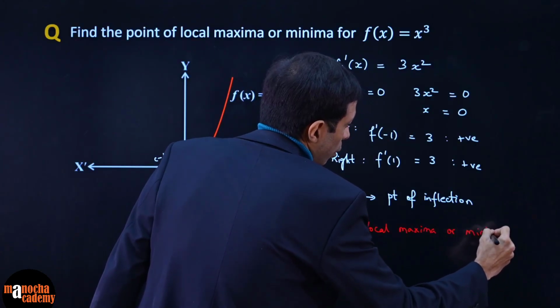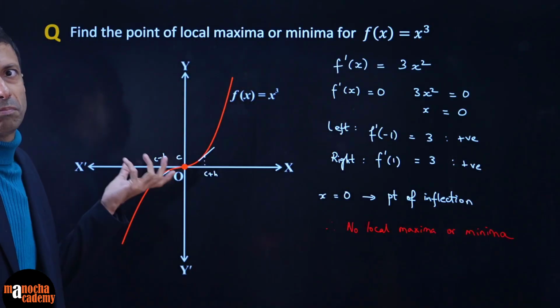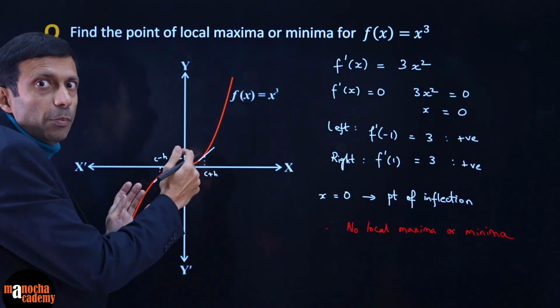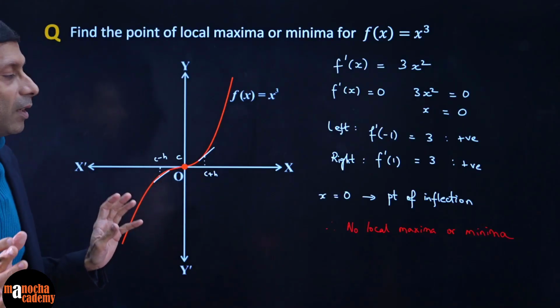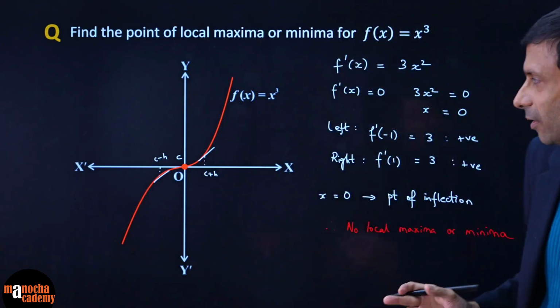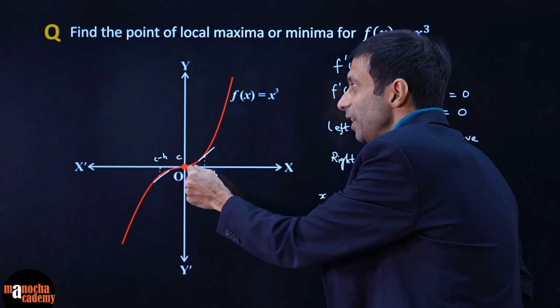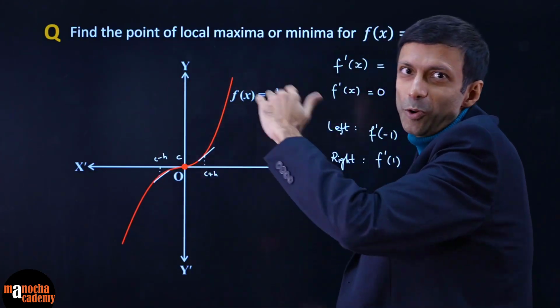Again, we are talking about local. No local maxima or minima in this region. And it's an open interval, so I can't talk about the extreme points. You'll ask about the extreme points, but it's an open interval, and it's a point of inflection. Clear? From the graph also it's very clear, this is clearly not looking like a point of maxima or minima.